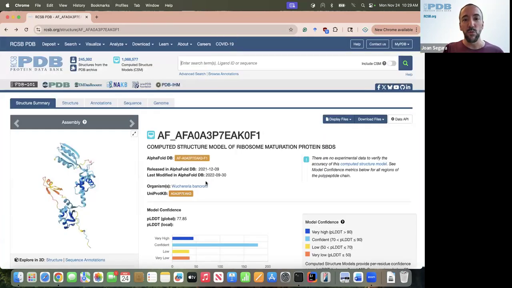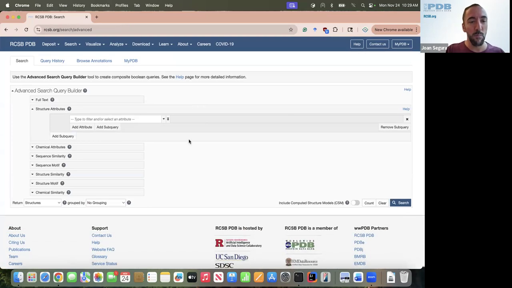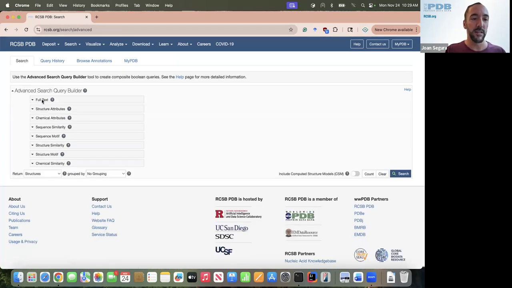Just to finalize this demo, let's go to the advanced search, and what I was saying at some point in the presentation. If we integrate computed structure models at rcsb.org, all our search functionalities, and we have many of them, chemical attributes, sequence similarity, sequence motif, structure similarity, structure motif, you can use any of them and you can search computed structure models.